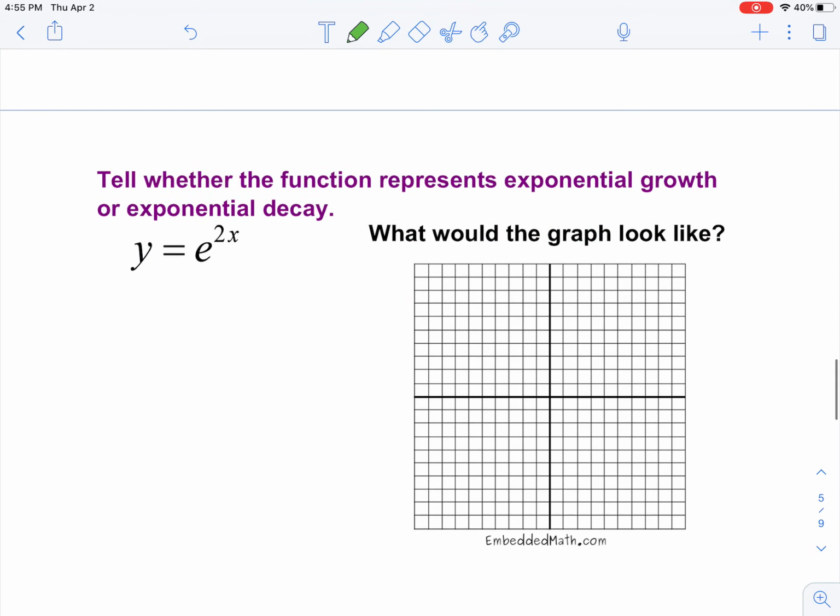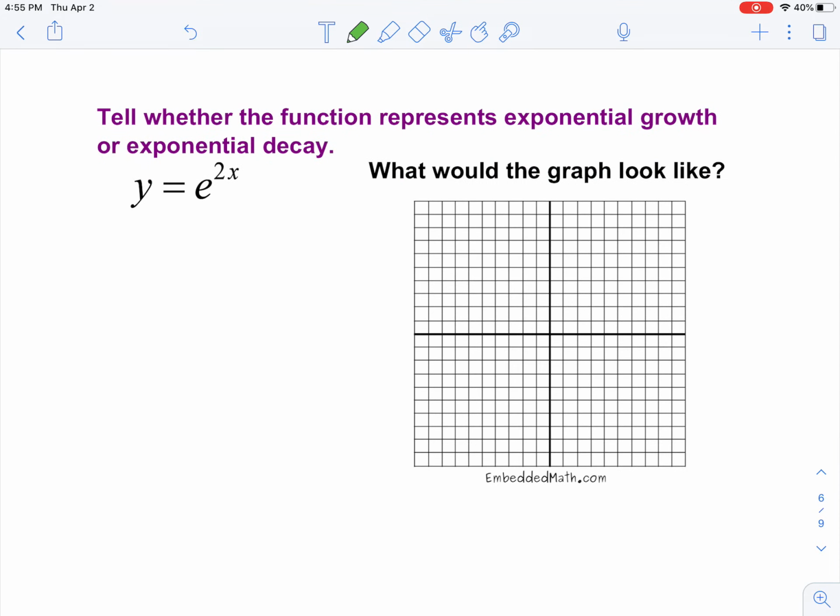All right, here we go. We are going to look at these graphs. We have to decide whether it's an exponential growth or decay. So since my base is e, we look at our exponent. Is it positive or negative? It is positive, so it's going to be an exponential growth.